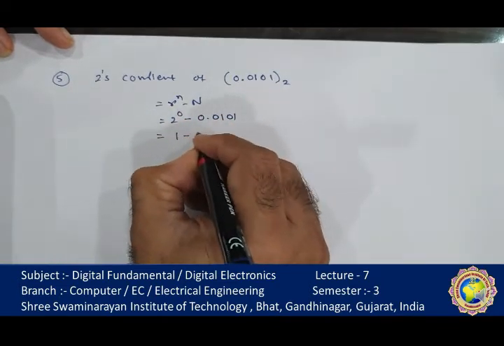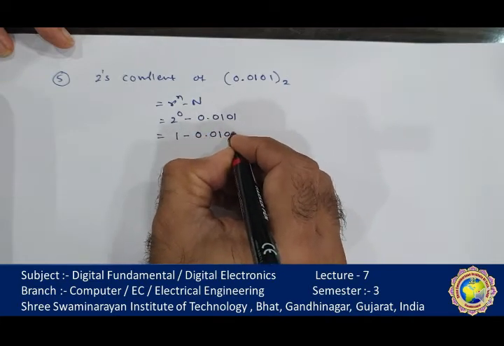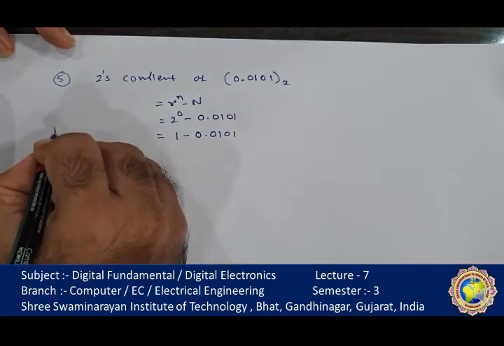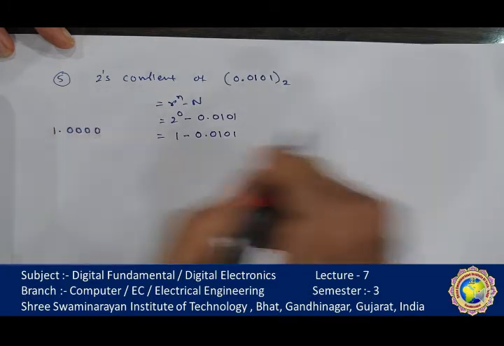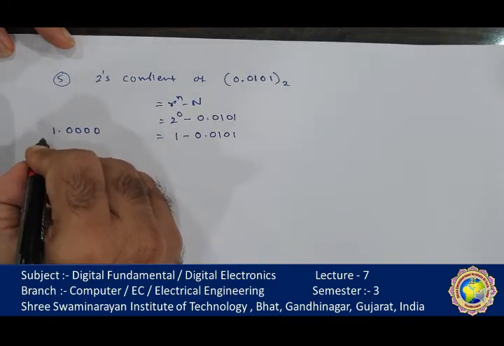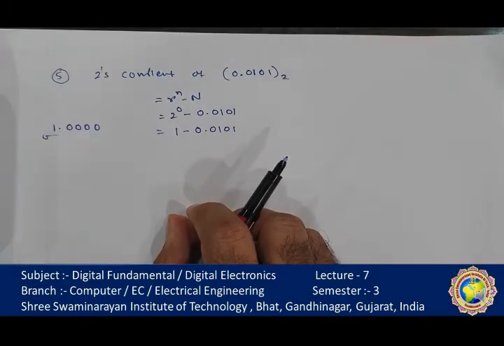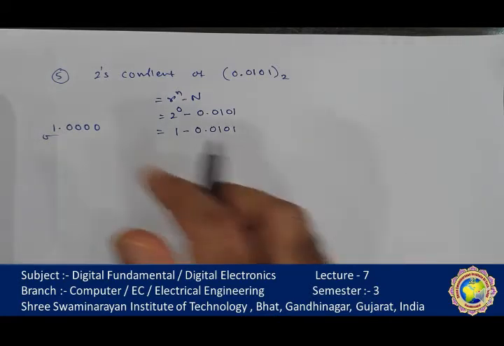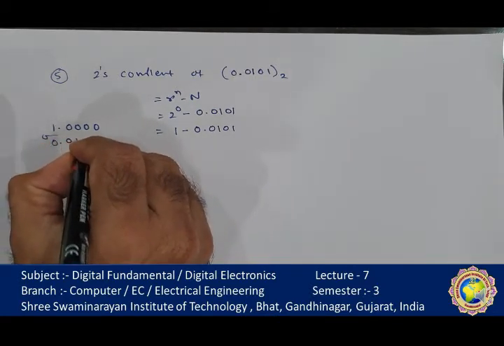This will become 1 minus 0.0101, means 1.0000 minus 0.0101.